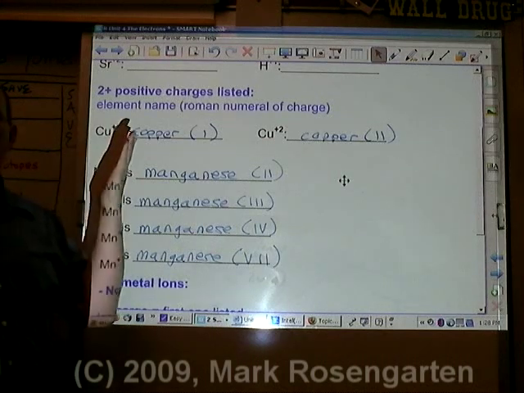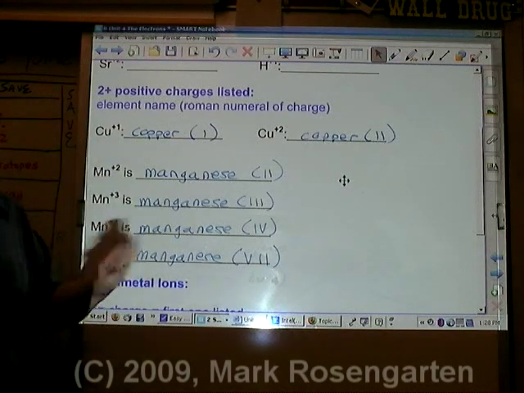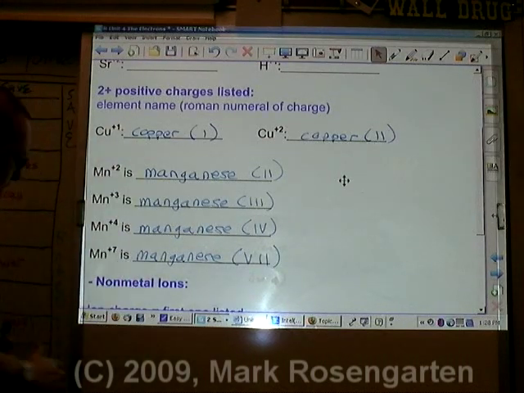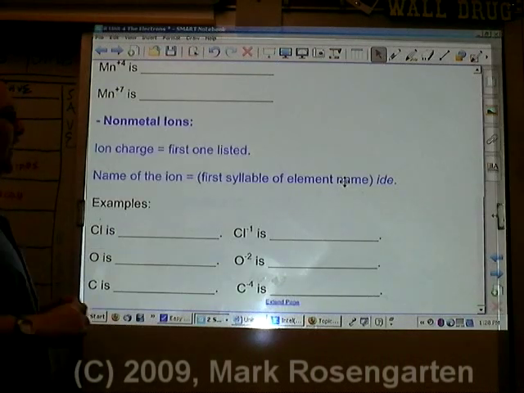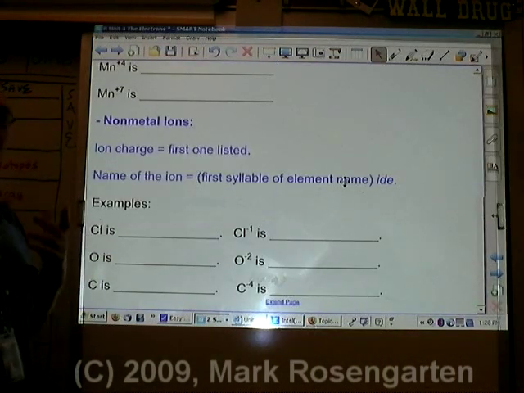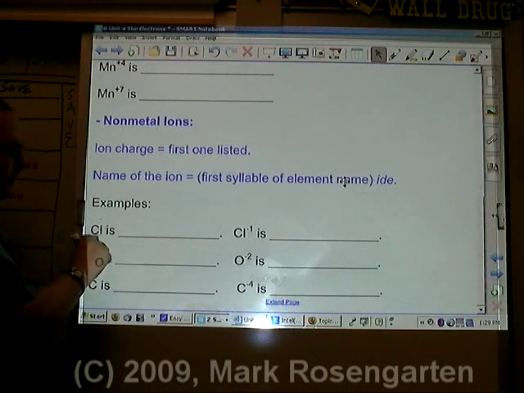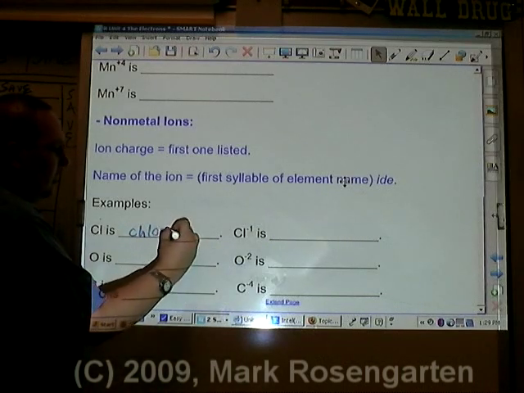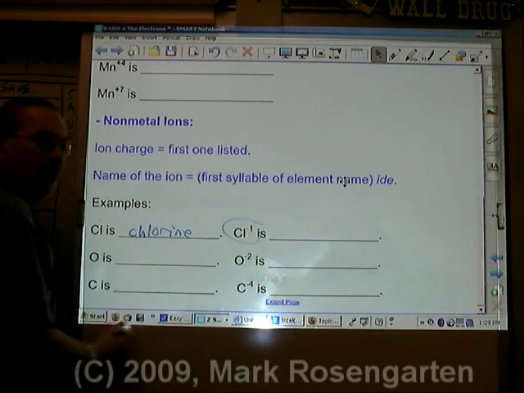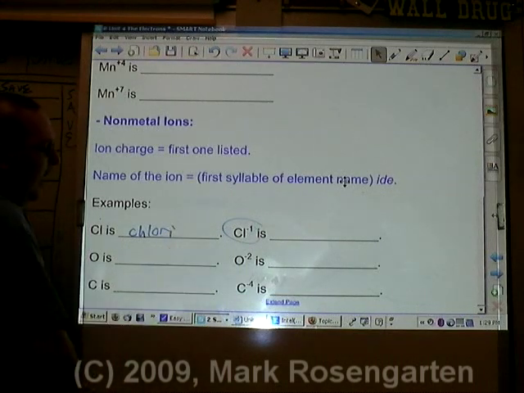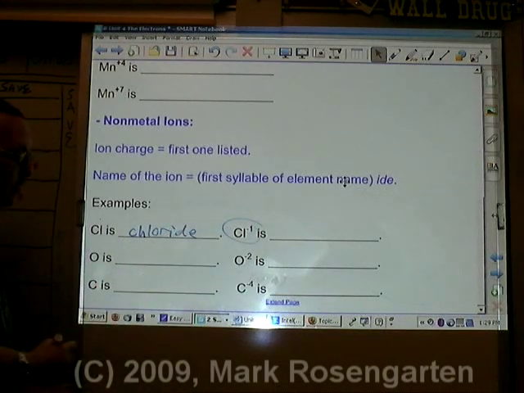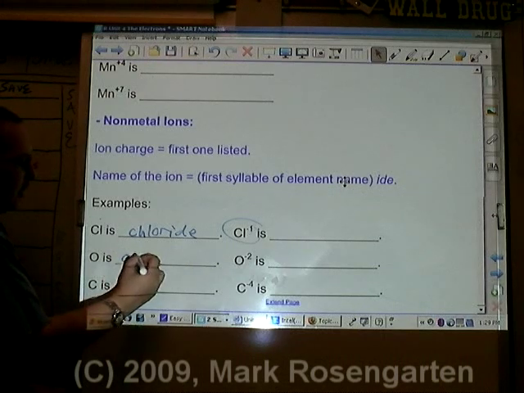If there's only one charge, you don't have to worry about it because you can't confuse it with any other charge. Nonmetal ions generally get their first syllable followed by "ide." For example, Cl is chlorine. To make it Cl-1, it's chloride. O is oxygen.